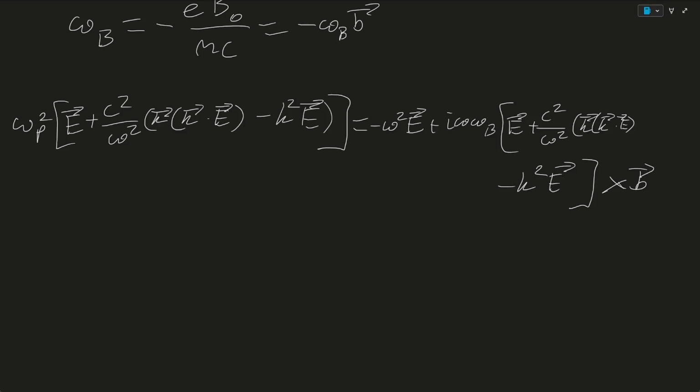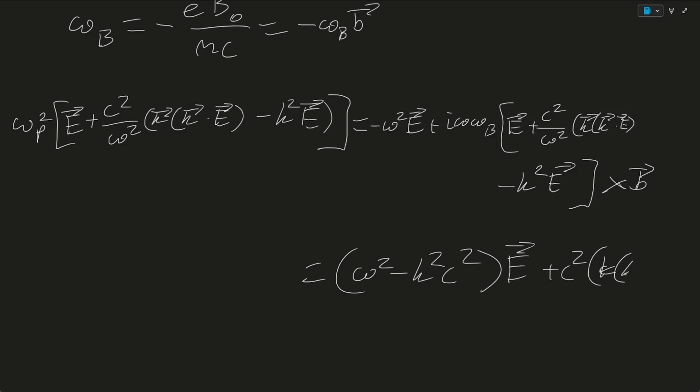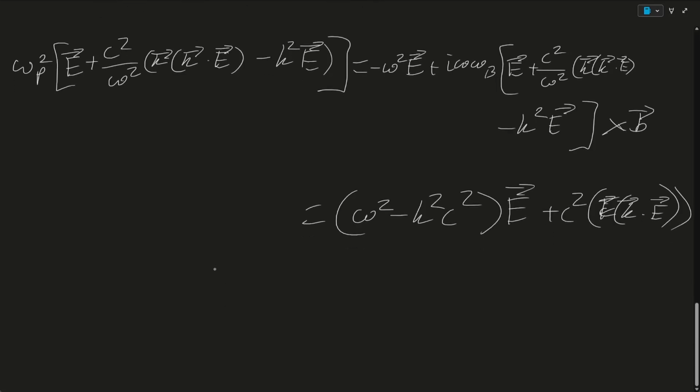Which is omega squared minus k squared c squared e, c squared k, nice.